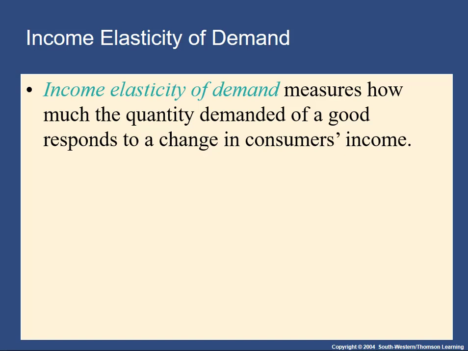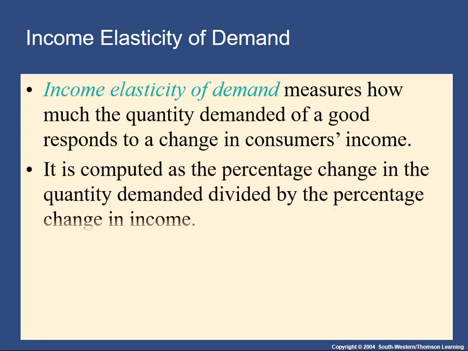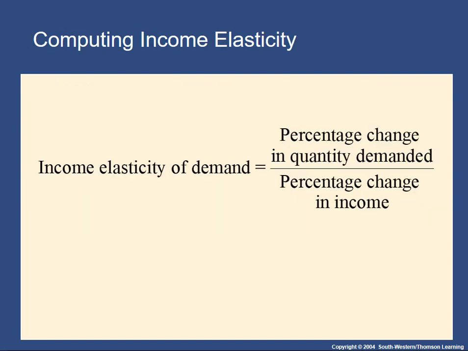And you should remember that income is one of the main determinants of demand for a good. But we could calculate it as we did before, as the percentage change in quantity demanded divided by the percentage change in income, in this case, instead of price. So it's still quantity demanded. And you can see the equation here. But here we have to be careful, because the sign matters.